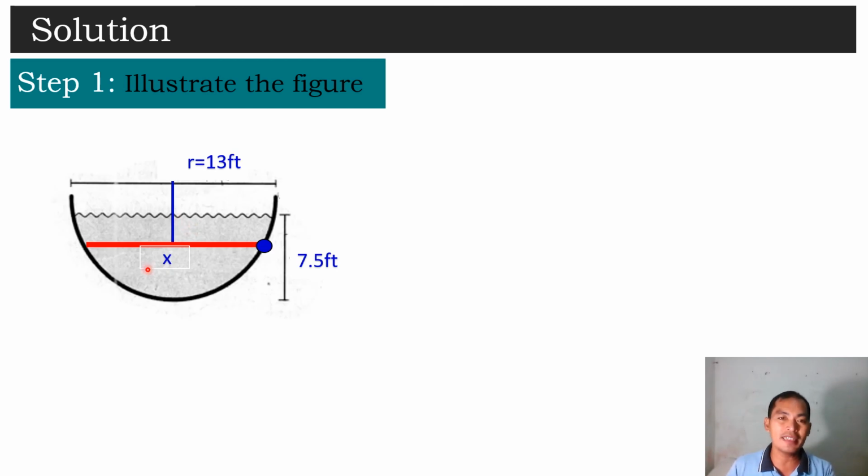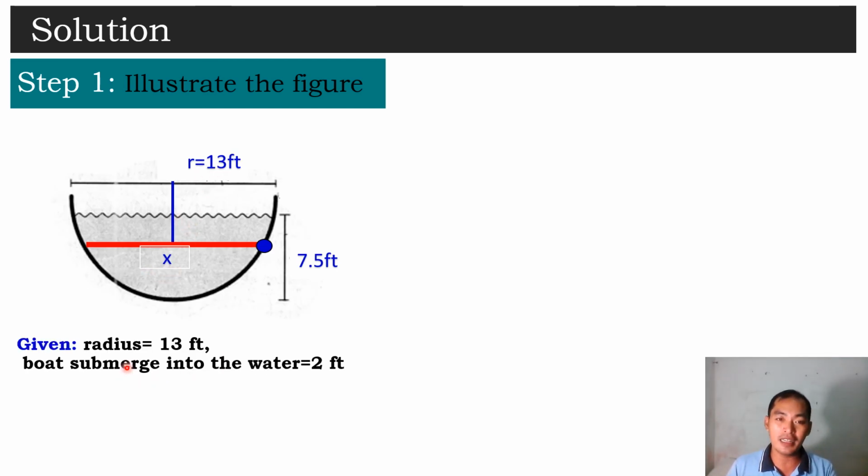Okay, so we have here the illustration. The radius is 13 feet. Okay, magsusubmerge siya ng 2 feet. So, magbabawas tayo dito kasi finilled ang waterway ng 7.5 water deep. So, yung boat, pag nilagay daw dyan, ay magsusubmerge ng 2 feet. So, 7.5 minus 2 is 5.5.